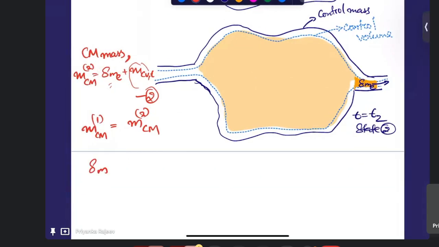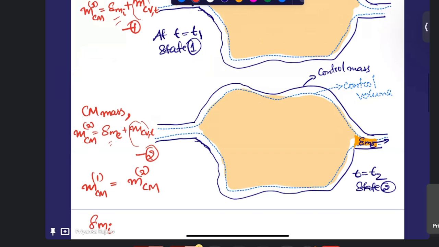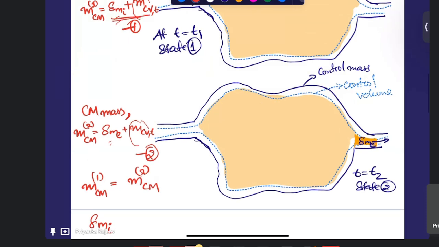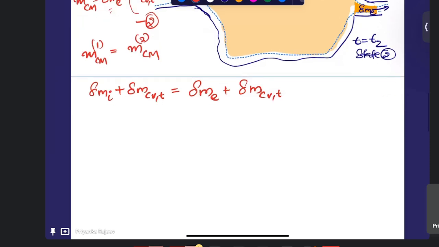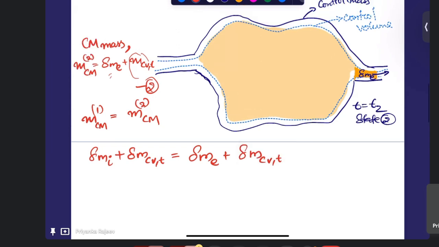Delta Mi plus delta MCV at t equals delta Me plus delta MCV at t. Sorry, here the control volume mass will change with delta t, right?